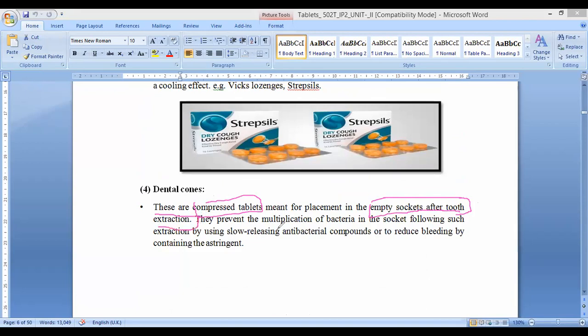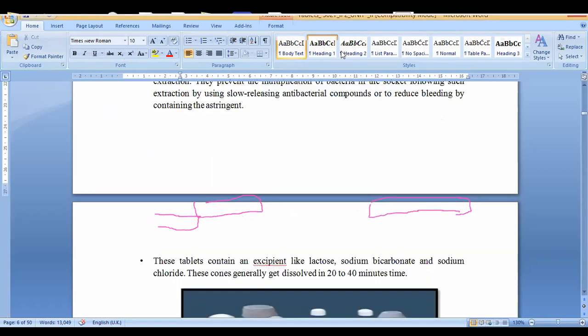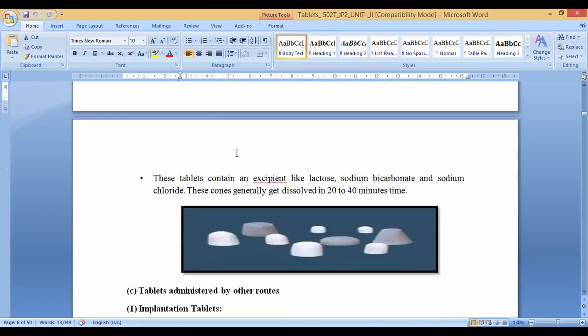They prevent the multiplication of bacteria in the socket after the extraction of the tooth by using slow-releasing antibacterial compounds, or they reduce bleeding by containing an astringent agent placed into the dental cones. This is how the dental cones look.